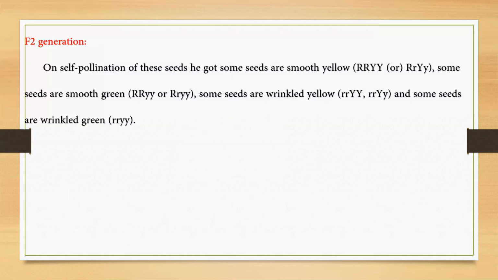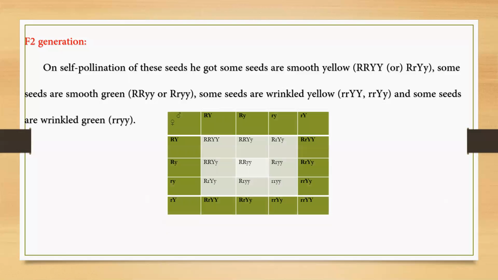In the F2 generation, after self-pollination of these seeds, he got some seeds that are smooth yellow, some smooth green, some wrinkled yellow, and some wrinkled green. In the F2 generation, the F1 offspring are taken as the parental generation.